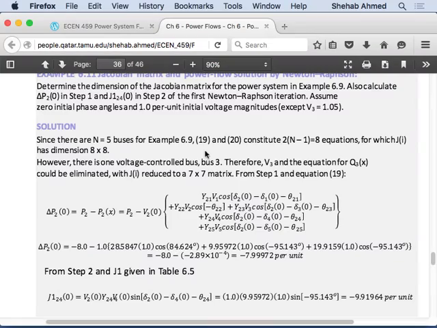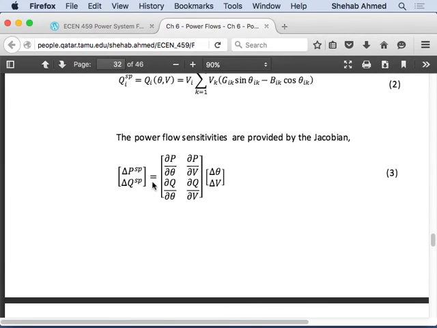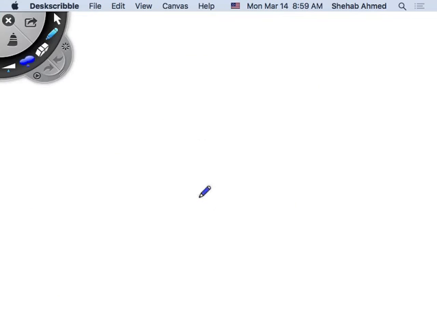I'm writing this equation down, right? My power sensitivities are equal to my Jacobian matrix multiplied by my angles, right? For this example here.